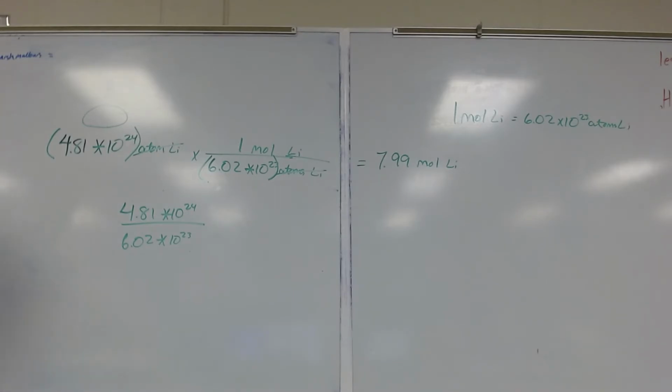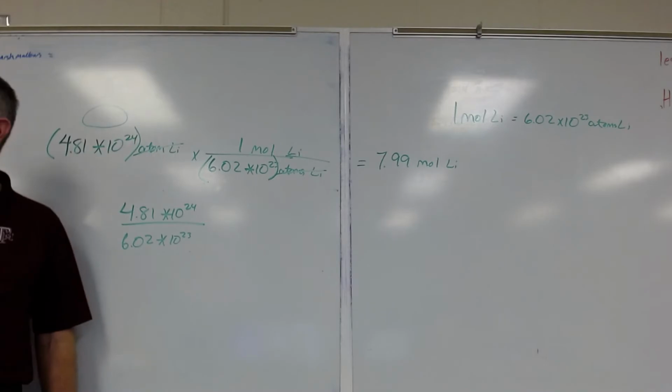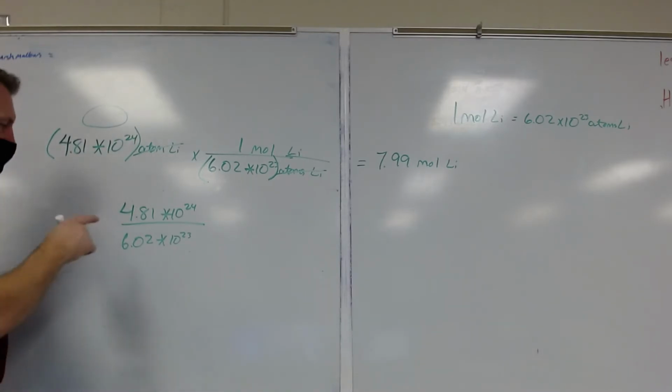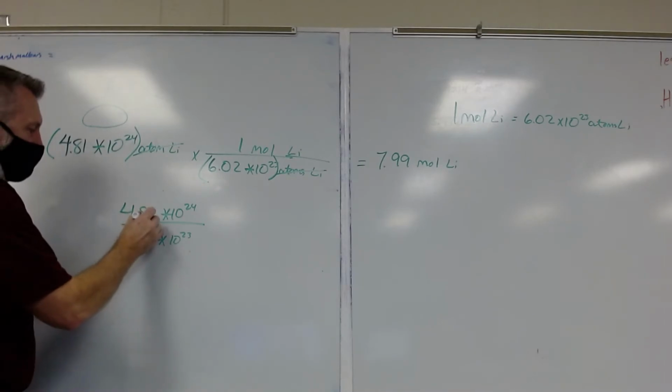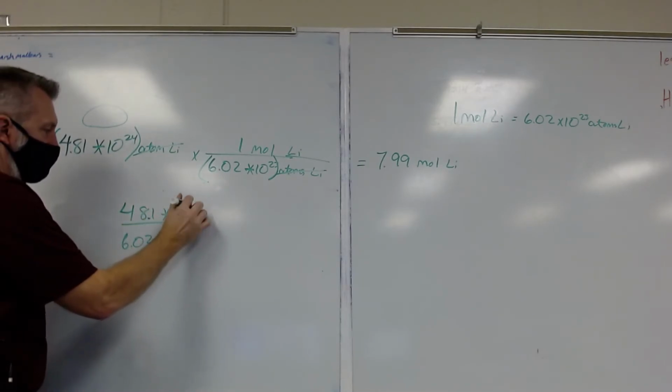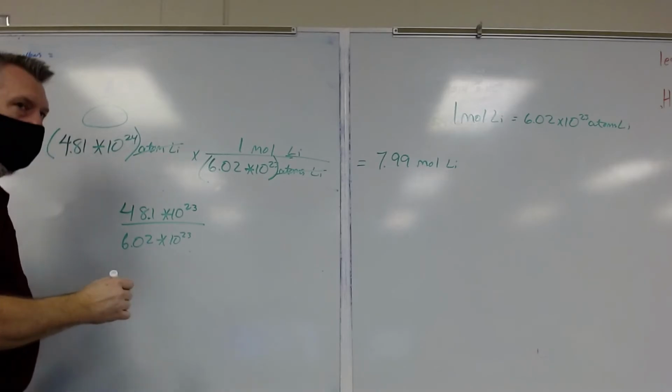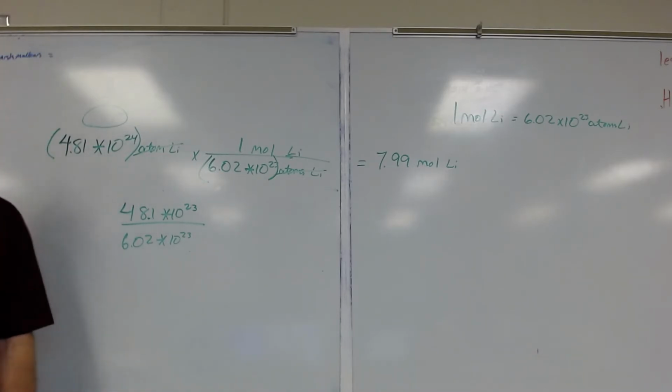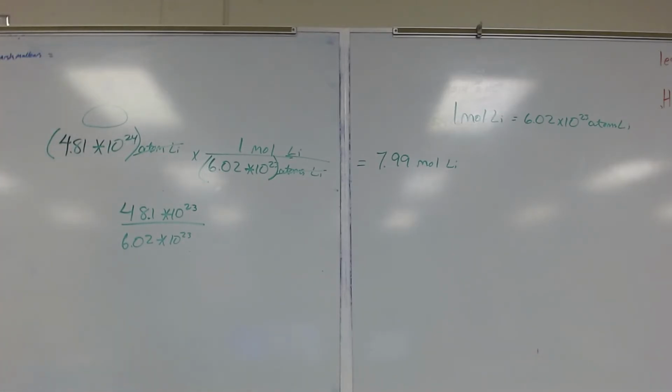Something I can look at, I should start being able to see, well, 48 and 6, that seems familiar. 48 divided by 6 is what? 8. So here's something I can do. I can actually change this: 48.1 times 10 to the 23rd is the same as 4.81 times 10 to the 24th, yes?